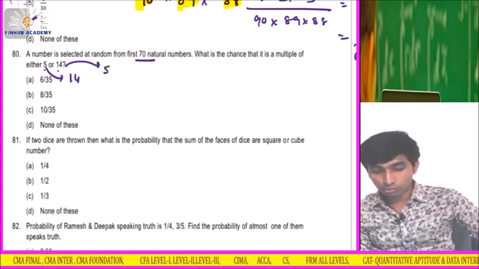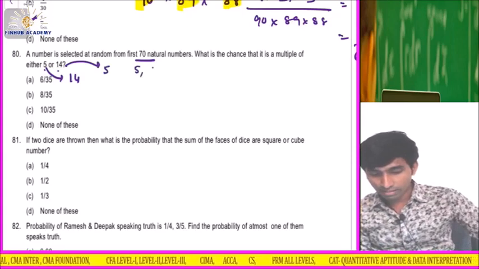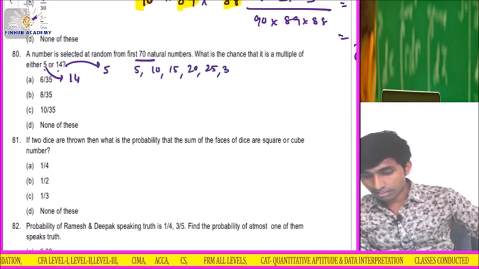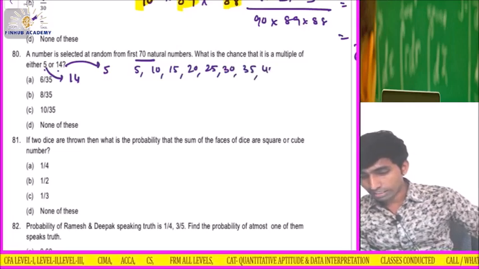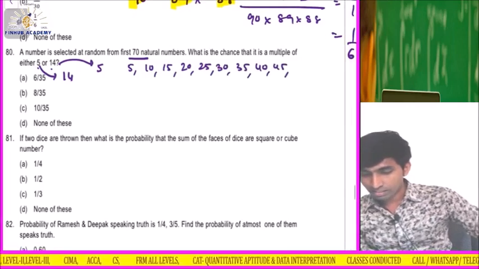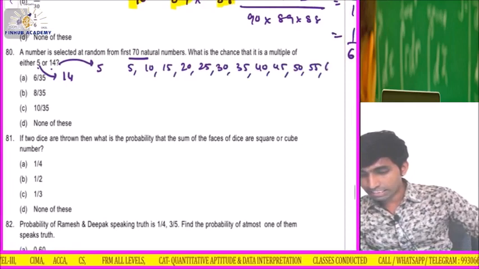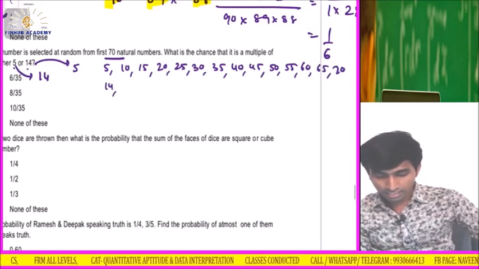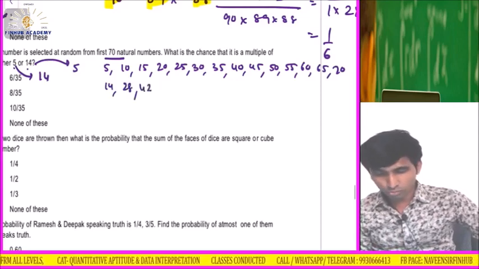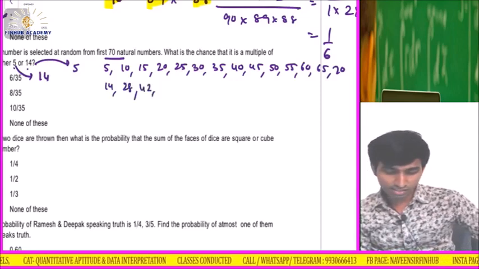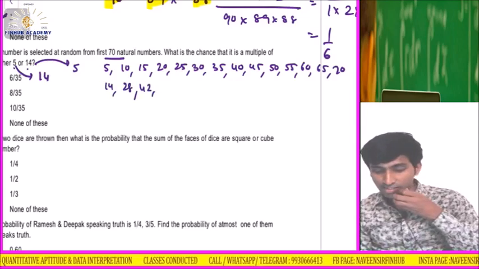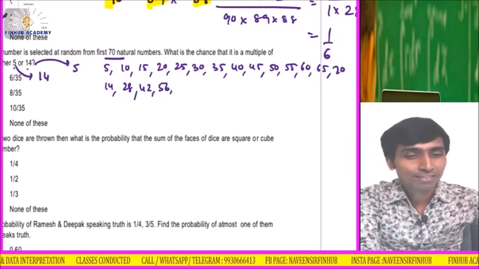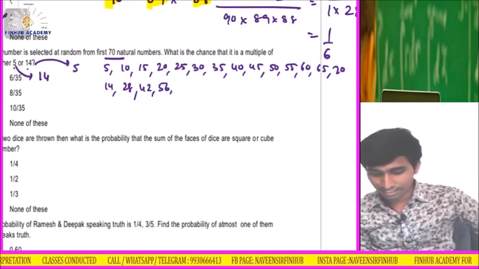So if I want to write it explicitly: 5, 10, 15, 20, 25, 30, 35, 40, 45, 50, 55, 60, 65, 70, and then 14, 28, 42, 56, 56 plus 14 is 70, the last number.